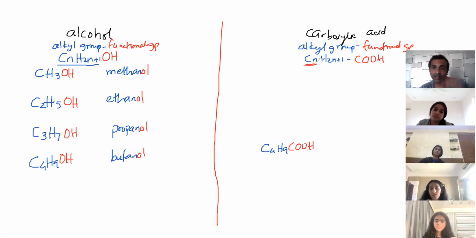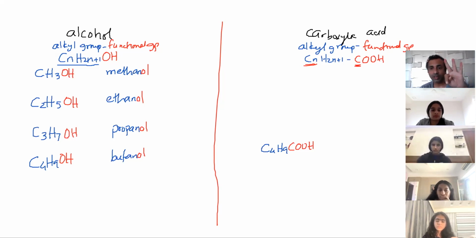This should be 3, 1 less. Why? Because 1 carbon in the functional group is fixed and will always be there. So if you want a carboxylic acid with 4 carbon atoms total, that is butanoic acid, then your alkyl group should have only 3 carbon atoms, 1 carbon less.